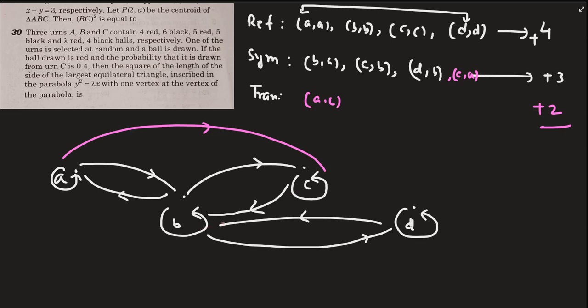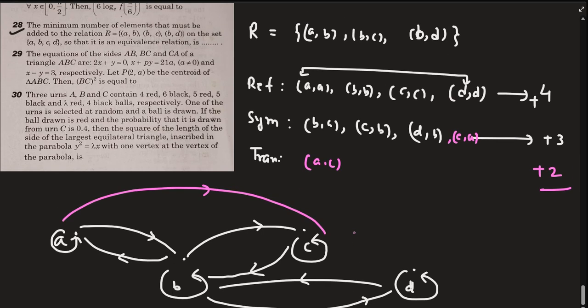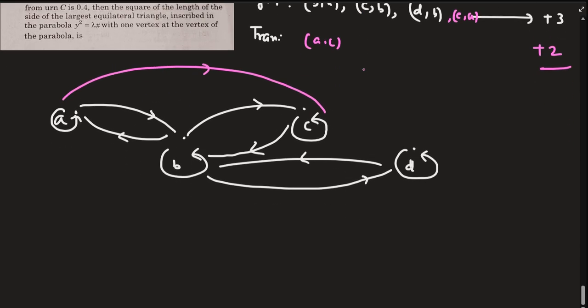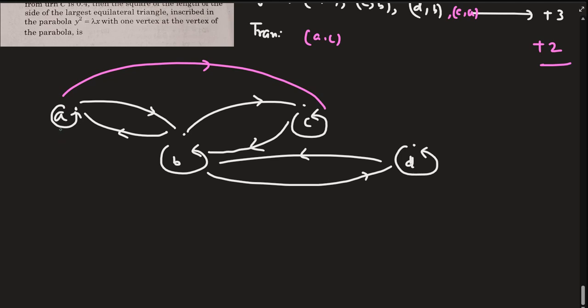C to B, A to B, then we have B to C. A to B exists, then B to D exists, then AD must exist for transitivity.